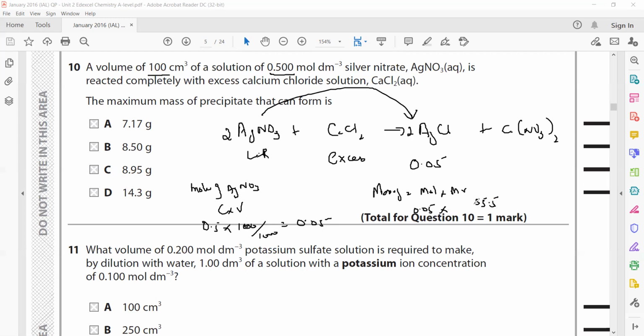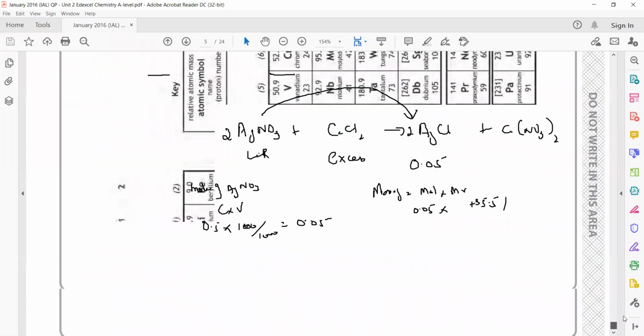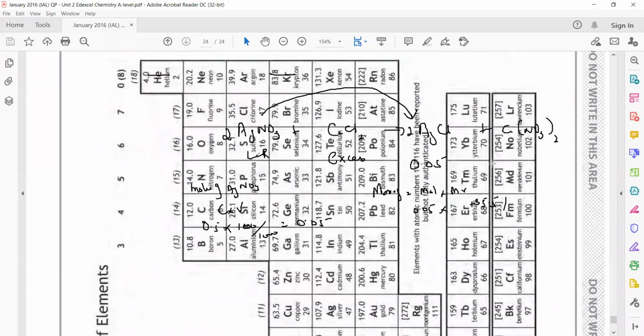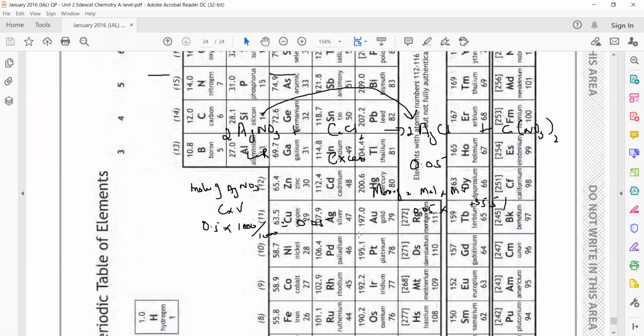Chlorine is 35.5 plus silver, Ag. So we'll use the periodic table which is given at the end.